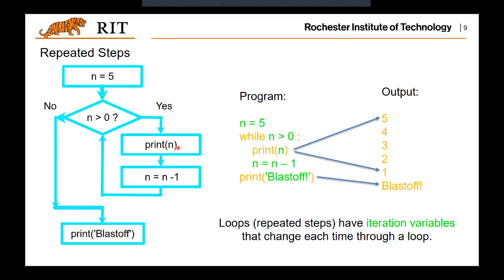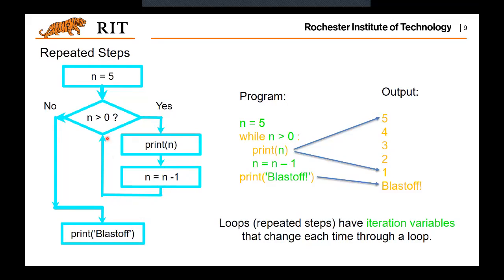It will print 5, and then another step is n minus 1, assigned to the original n. In this case, n is currently 5, 5 minus 1 is 4, and it is assigned to n to overwrite the number. So now n becomes 4.